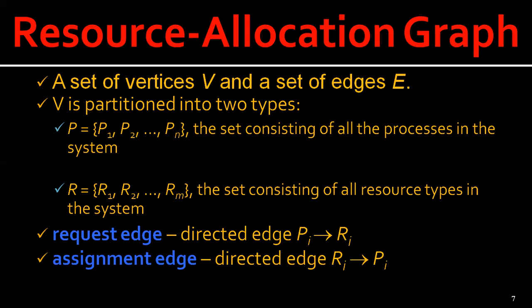The directed edge from resource type Rj to process Pi is denoted like this, Rj to Pi, which signifies that an instance of the resource type Rj has been allocated to the process Pi. A directed edge Pi to Rj is called a request edge and Rj to Pi is called an assignment edge.